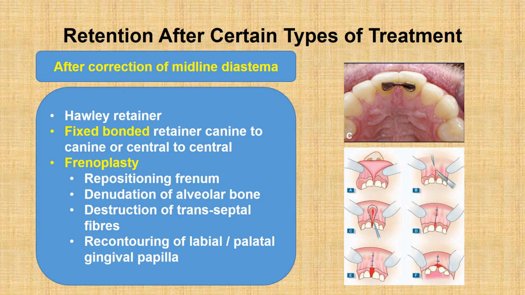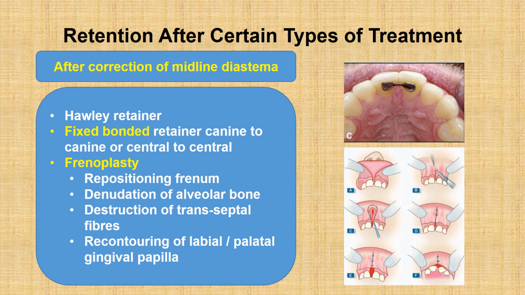Now, correction of midline diastema. A Hawley retainer can be used, or a fixed bonded retainer canine to canine, or in this case central to central, can be used to retain the correction.